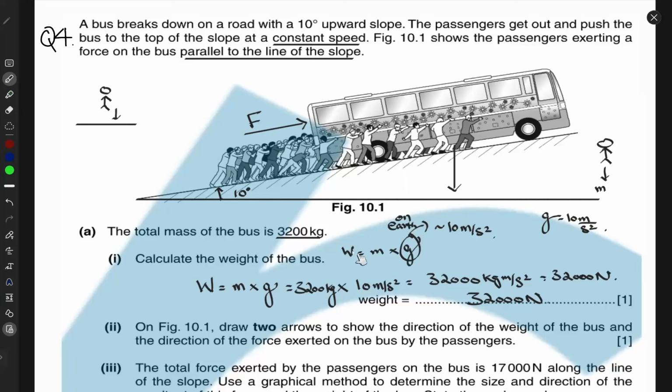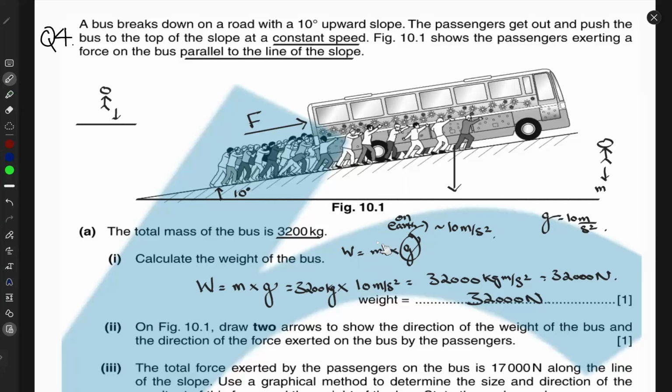Now you can see that the weight of any object would be different on different planets. For example, on Earth this is the value of g. On Mars or maybe on the Moon, the value of g would vary. It would be different. So you would have different weights on different planets, but the mass will not change.